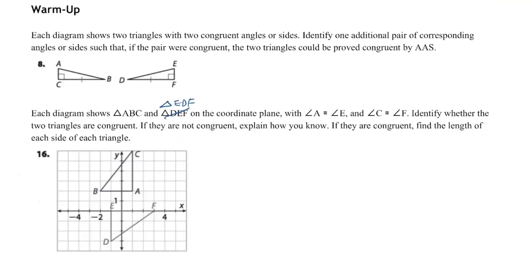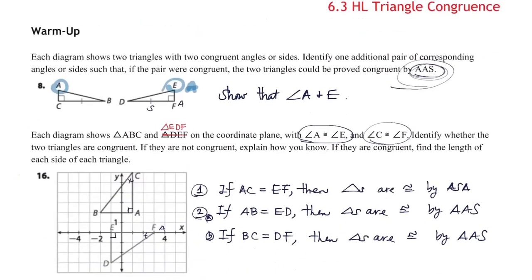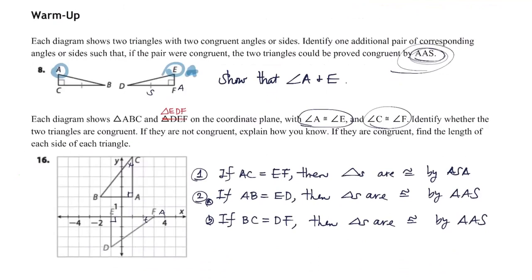Okie dokie, we're back, and then here are the answers. Right. And I think the 8 and 16 is fairly straightforward for us, right? In order for us to show angle equals side, the part that's missing over here are the two angles. So we need to show that the angle A and E, to use angle equals side.